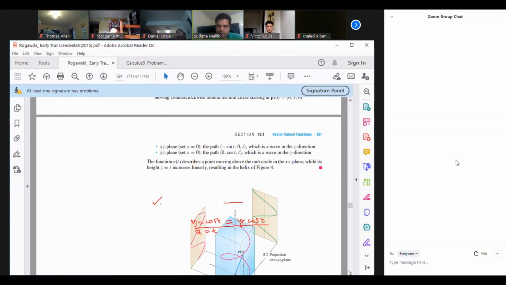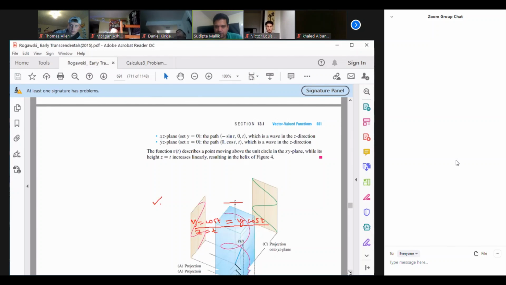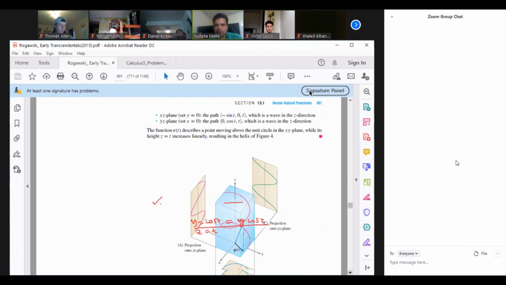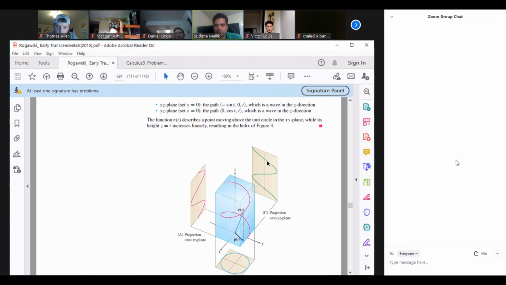Can you see it? So this is y equals cosine z. That's the cosine curve. And if you look at the xz plane, x is negative sine t and z is t. So that means x is negative sine z. So this is a negative sine curve on the xz plane.